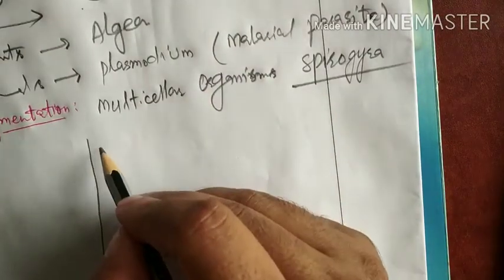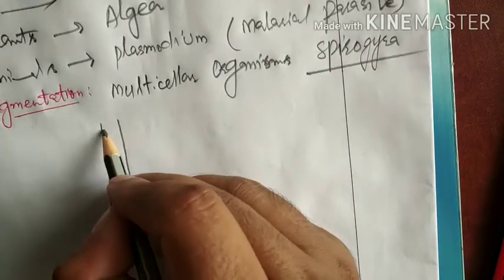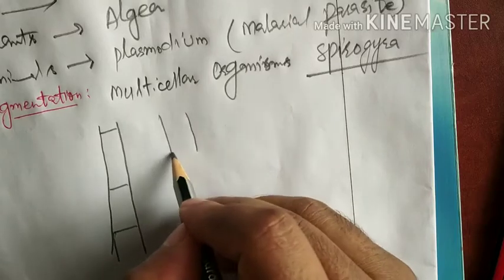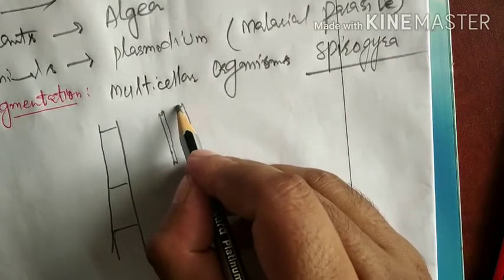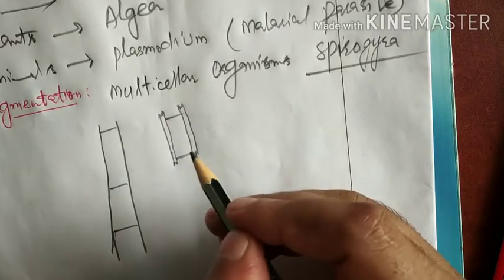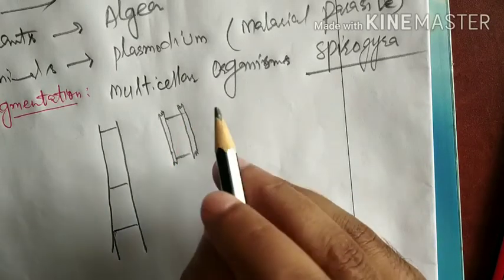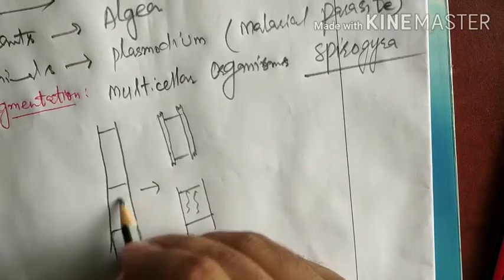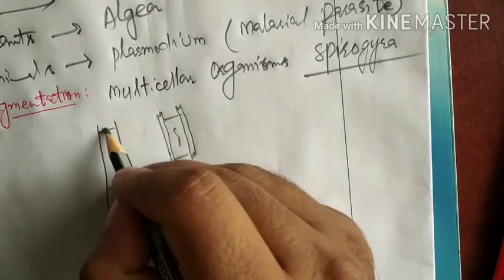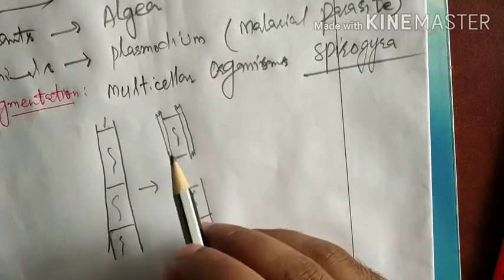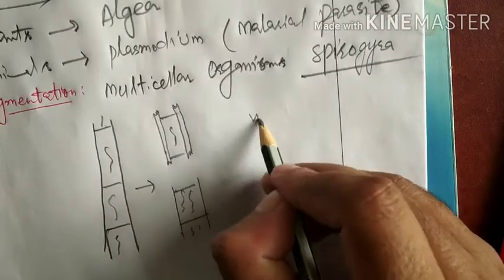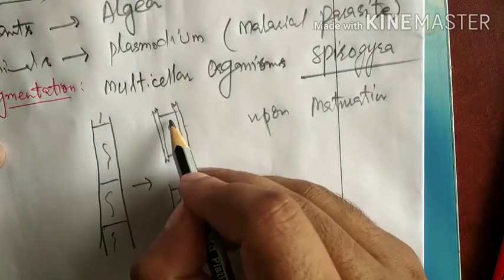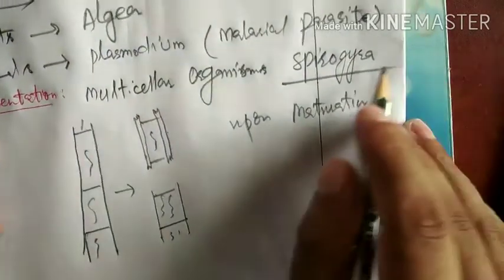Its body is formed like this structure, and sometimes the body breaks down into many pieces. Since these pieces are units of the parent body, these fragments upon maturation lead to the formation of new individuals. These fragments have the ability to generate new individuals. The best example in plants is Spirogyra.